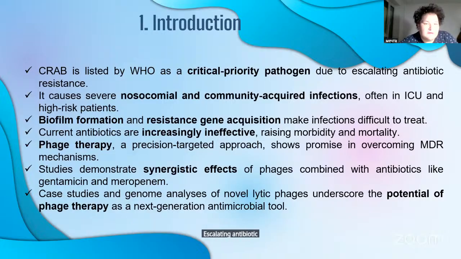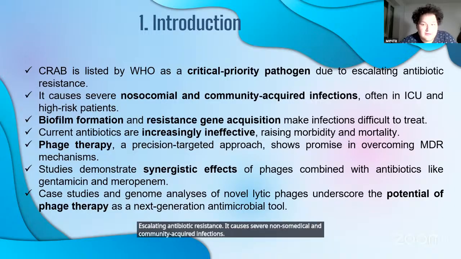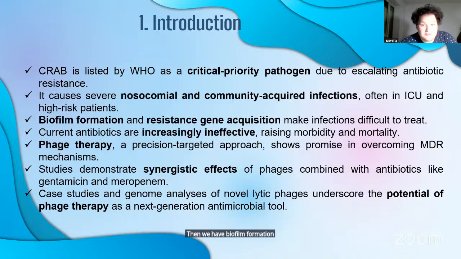It causes severe nosocomial and community-acquired infections, often in ICUs, because we get these strains especially in hospitalized environments. Then biofilm formation and resistance gene acquisition make infections difficult to treat in terms of the adaptation period.